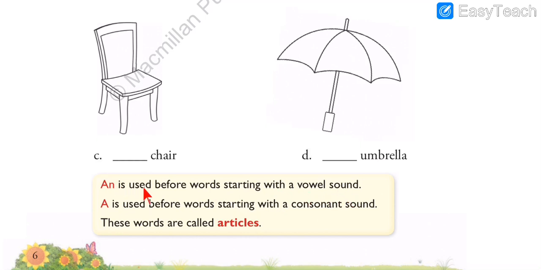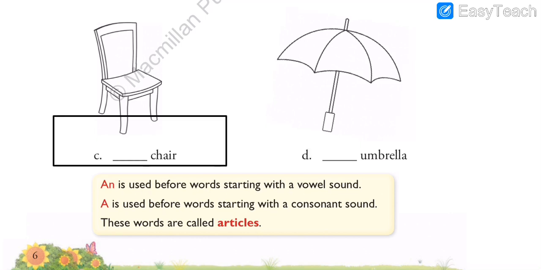So where we use N, for example, if this is a desk chair, you just have to carefully look at this word, chair. The word chair starts with the alphabet C, right?